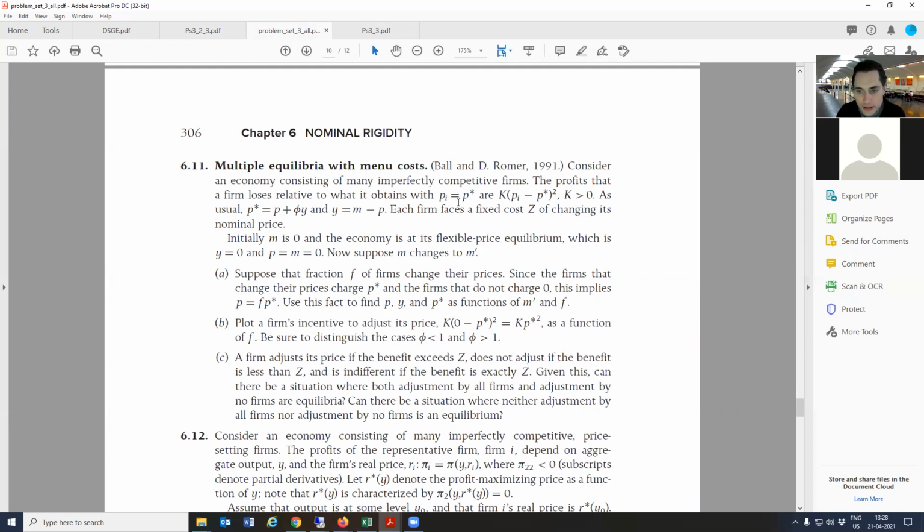Initially, m is equal to 0, and that means y is equal to 0 and p is equal to 0. Then suppose that m changes to m prime. The first question: suppose that a fraction f of firms change their prices. Since the firms that change their prices charge P star, and the firms that do not charge 0, this implies that p is equal to f times P star. Use this fact to find p, y, and P star.